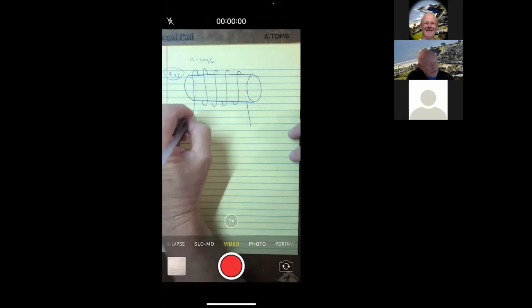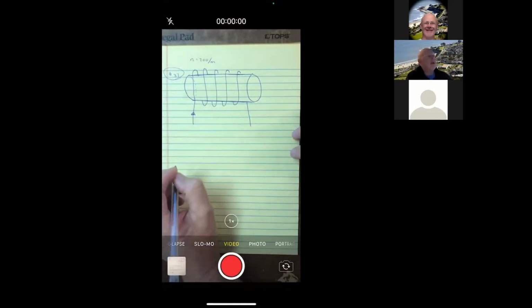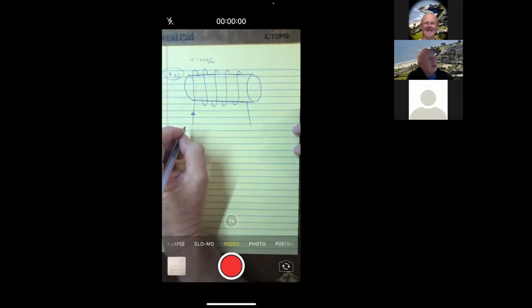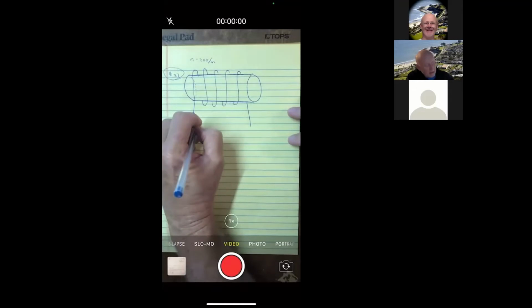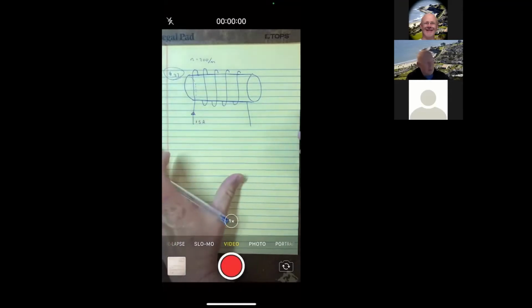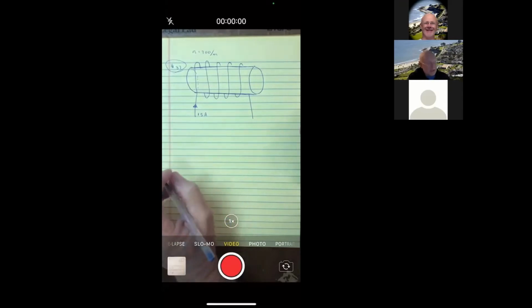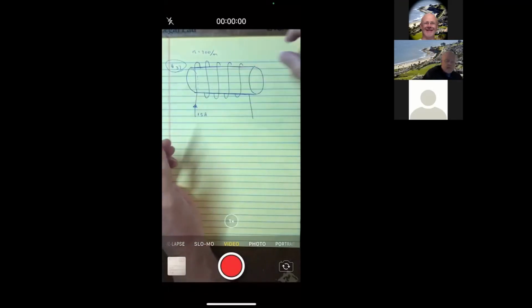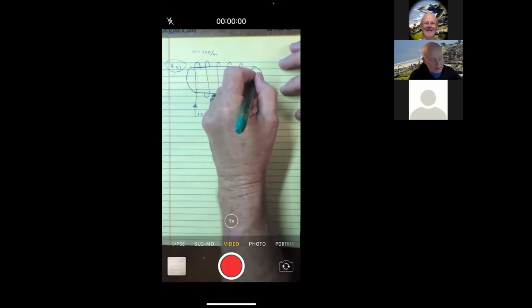And then they have a steady current. I don't really have any indication of what direction the current is, so I'm just going to draw one on here and see if I need to redraw it. I'm just going to take it this way. What that would do is make a magnetic field in the solenoid.